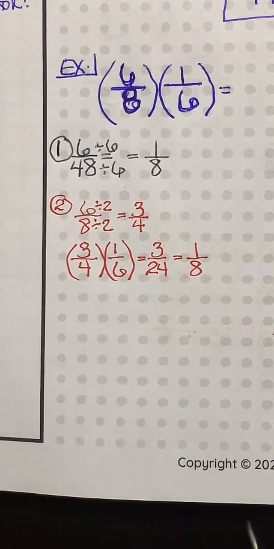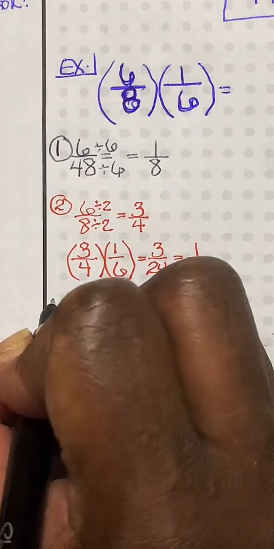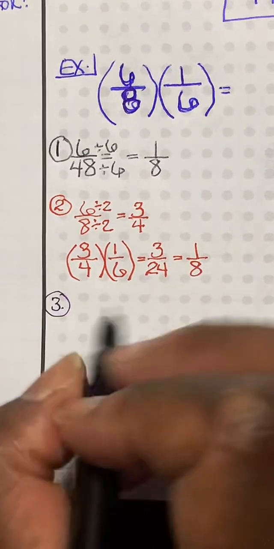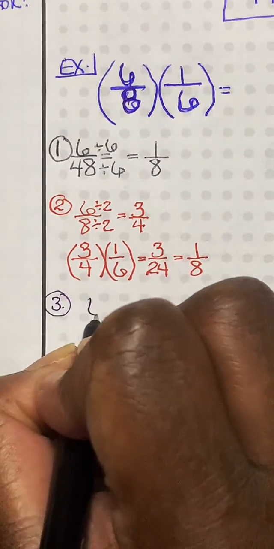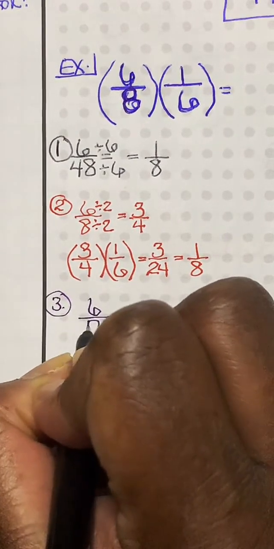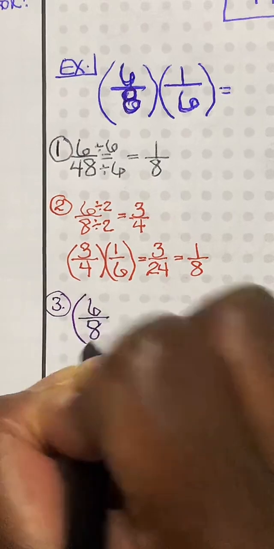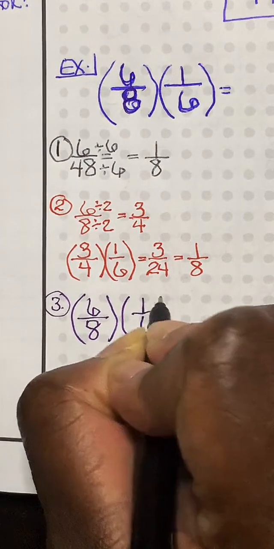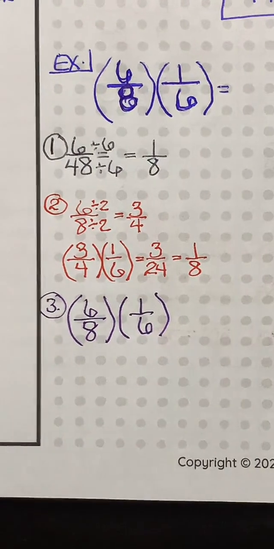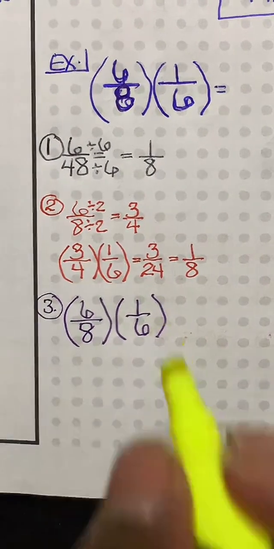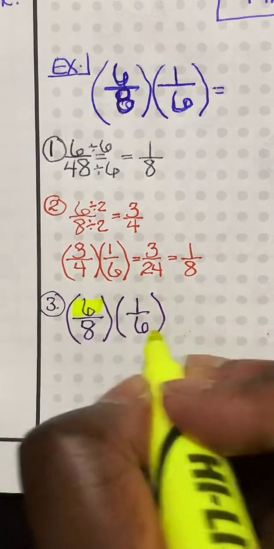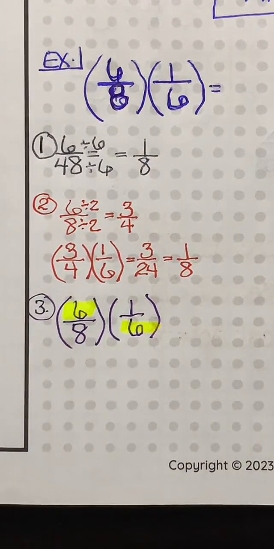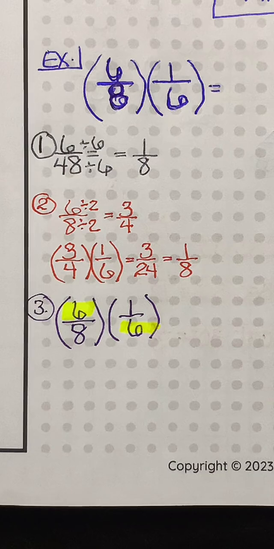Okay, and that's my last one, is the cross. Not cross multiplication, cross simplification. So I have 6/8 times my 1/6. If I look, the 6 at the numerator and the 6 at the denominator, they're exactly the same.